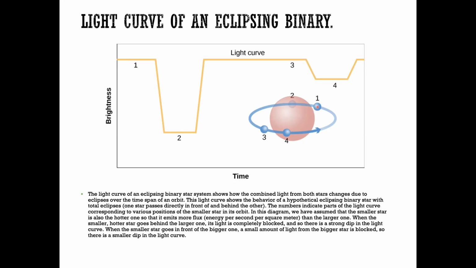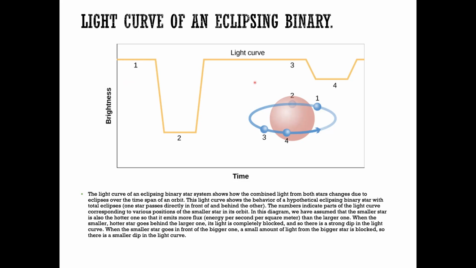At point 1, you have the light from this star coming towards you, plus the light coming from this star as well. You can add those two together, so you will get the maximum amount of brightness. So that's what number 1 means in the curve.